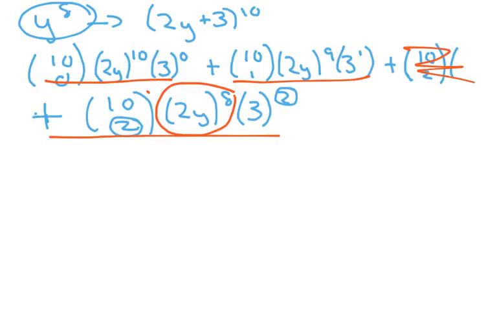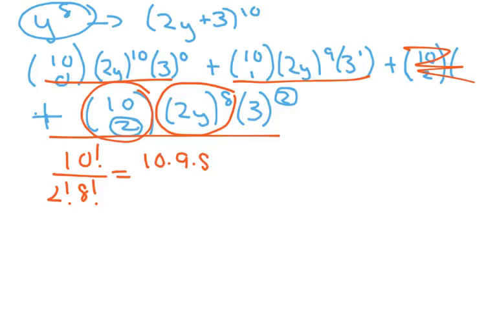We know that this here is 10 factorial over 2 factorial times 8 factorial, which equals 10 times 9 times 8 factorial over 2 times 8 factorial. So that cancels. 2 goes into 10 5 times, so we get 45 times 2 to the 8th. What does that equal?